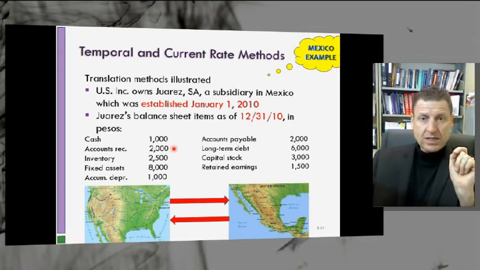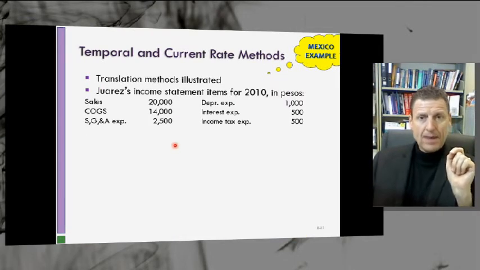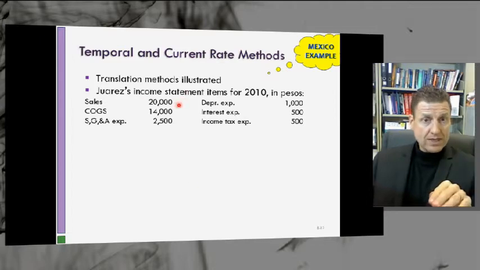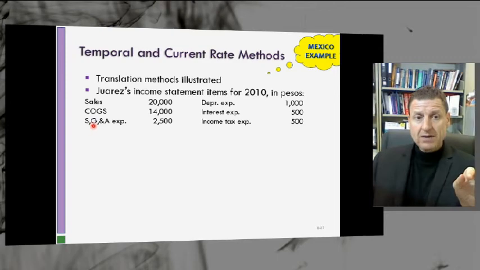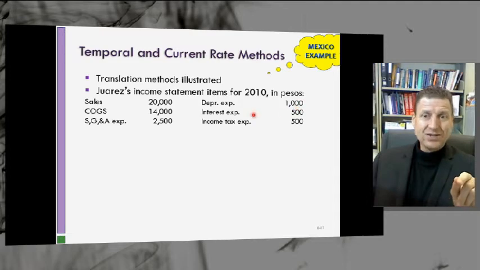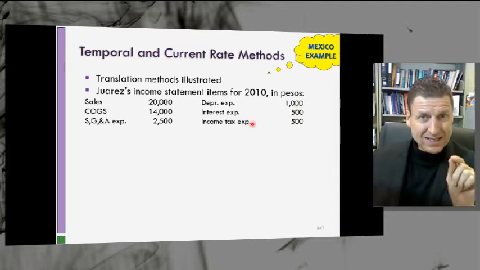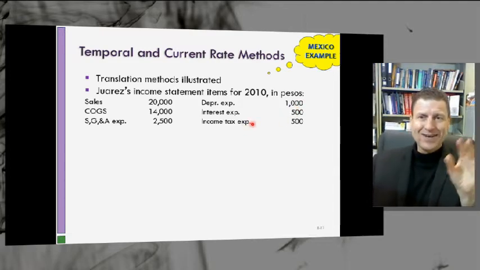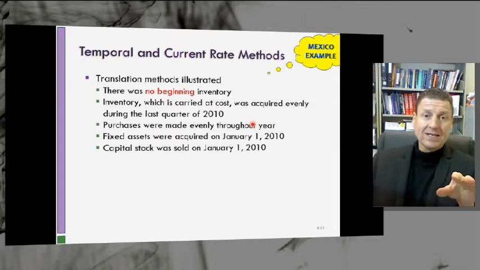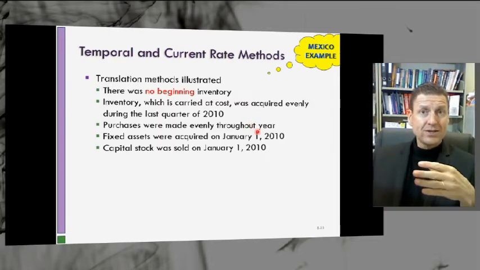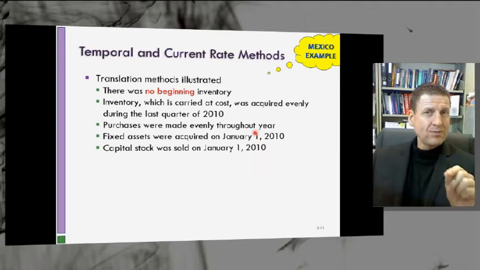Okay, let's go to the income statement. We have sales, 20,000, cost of goods sold, 14,000 pesos. Sales, general administration expenses, 2,500. What about depreciation? 1,000. Interest expense, 500. Income tax expense, 500. Okay, so we're still in this Mexico example, and we want to illustrate the two different translation methods, but we need a bit more information.